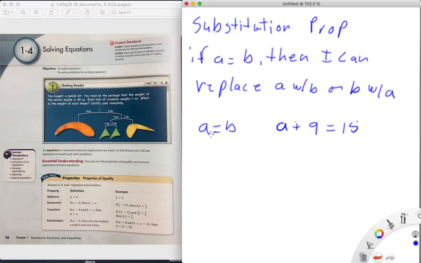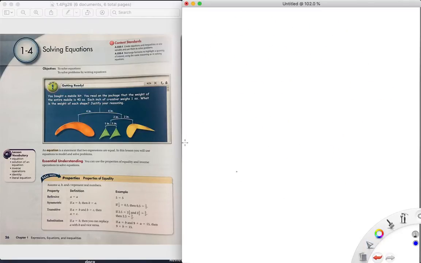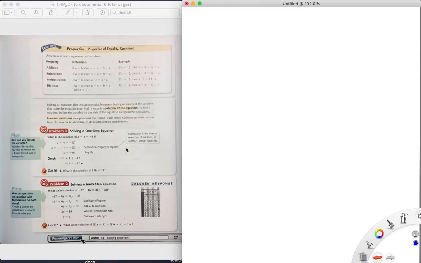Since A and B are the same thing, I can substitute B for A, and I can say B plus 9 equals 15 as well, because they're the same thing. And what did I do? I substituted A with B.